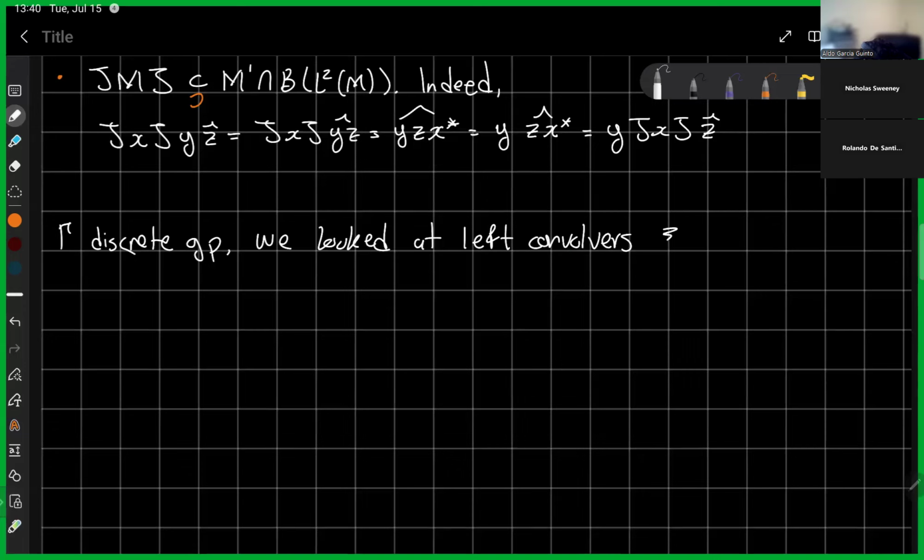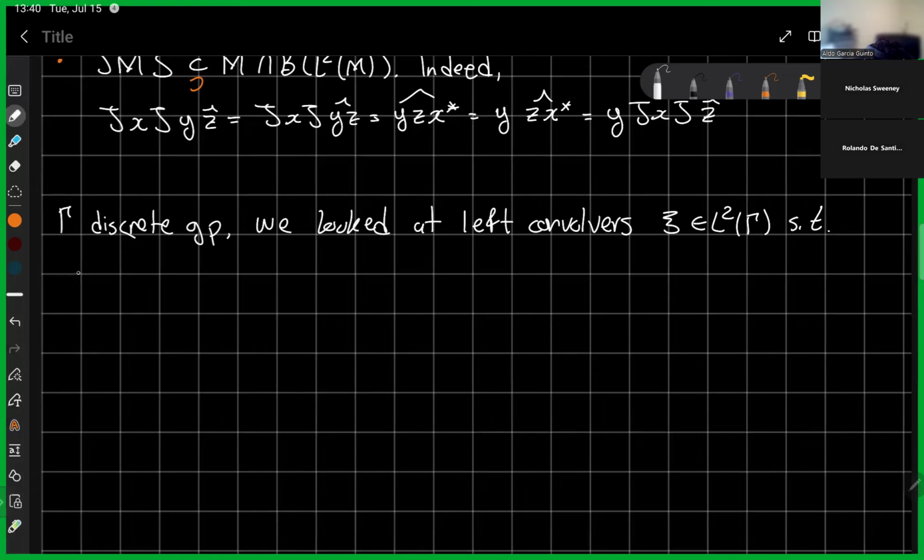These were operators in L2 of gamma such that when you looked at the convolution, this is going to be bounded.